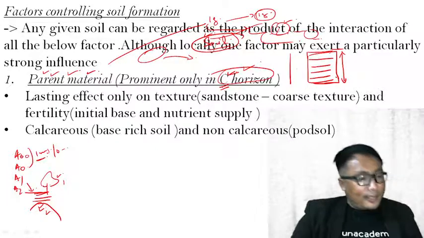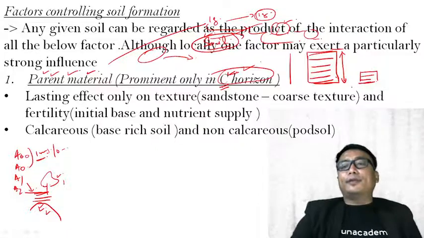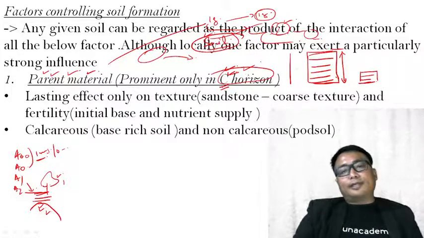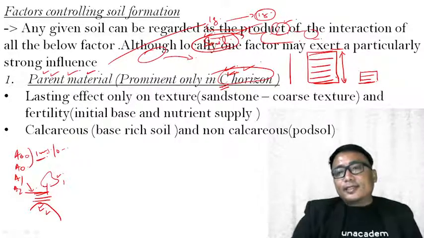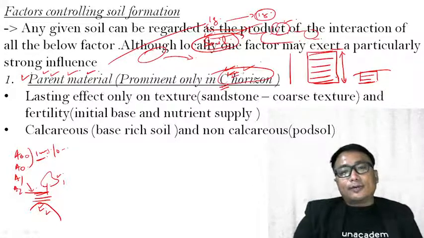In some other areas, the soil profile will be very thin, and all the layers will not be represented. But whatever the case, the C horizon is near the parent rock. Therefore, the parent rock influence will be more only in the C horizon.